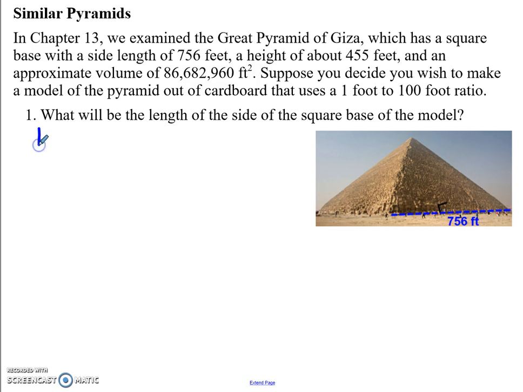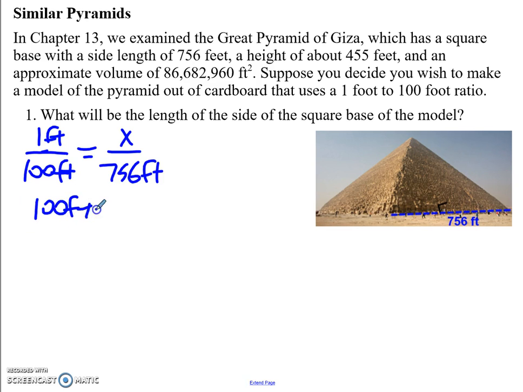So I can start with my ratio 1 foot to 100 feet and say that I don't know what I want to make each side, but I know that the whole is 756 feet. So here I have 100 feet times x would equal 756 square feet.